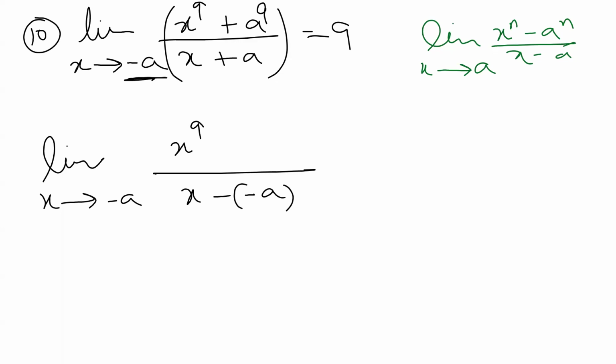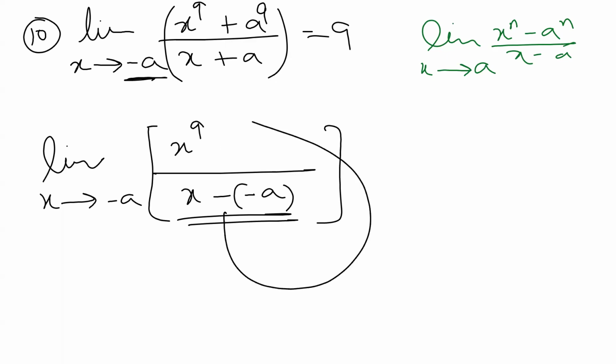Is it mathematically valid to write x minus minus a? Yes, sir. It is, because we require minus over here in the denominator, and minus minus is plus. So x minus minus a. And here also, I'll write minus minus a raised to 9.